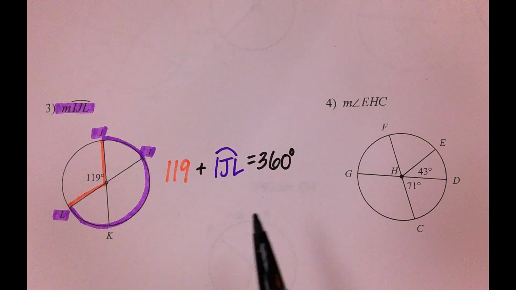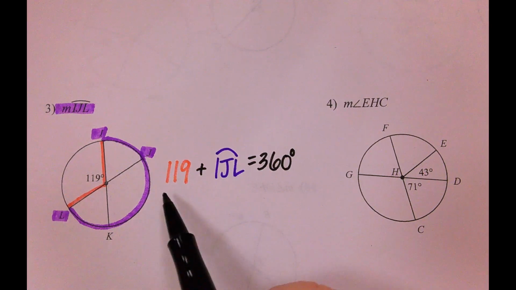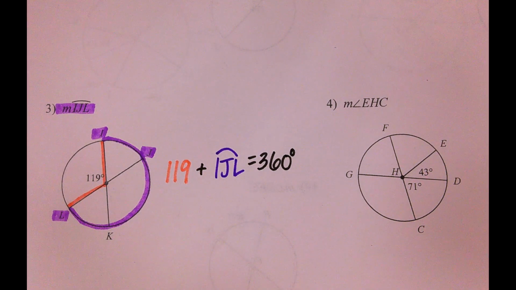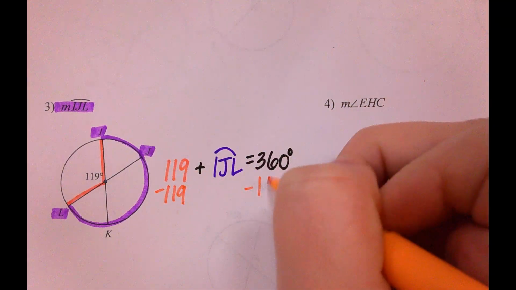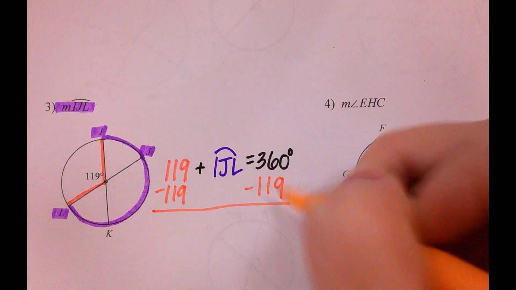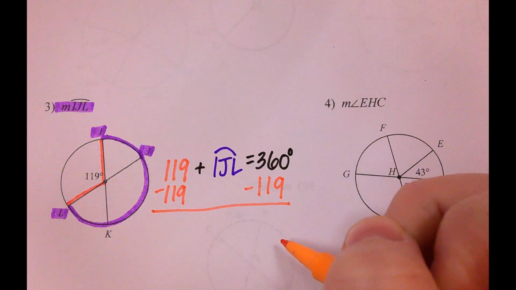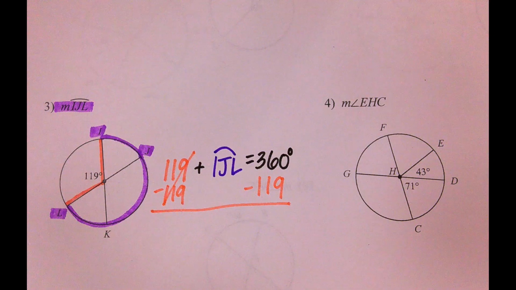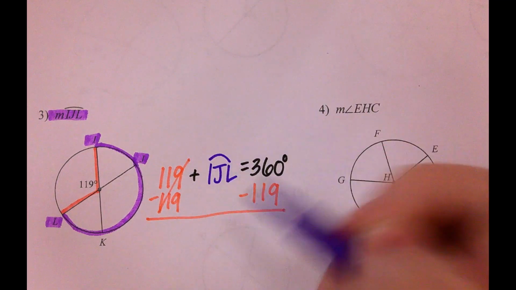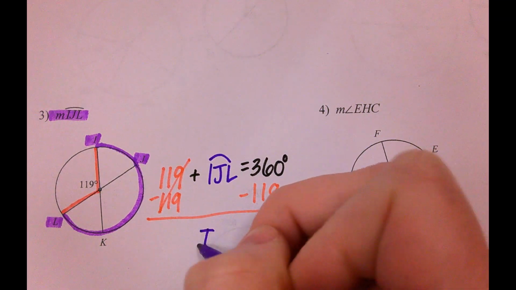So we're going to do exactly like what you said, Jaden. We just got to solve for IJL. We'll subtract 119 from both sides. Of course, you don't have to set it up like an equation. You could just know, okay, I'm going to subtract 119. But if it helps you to do this, sometimes extra steps can keep you a little more organized. So I'll bring down IJL.